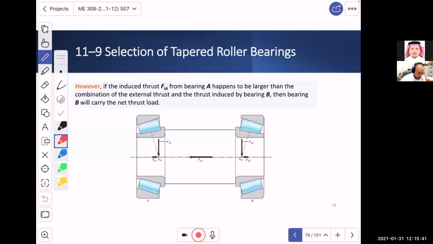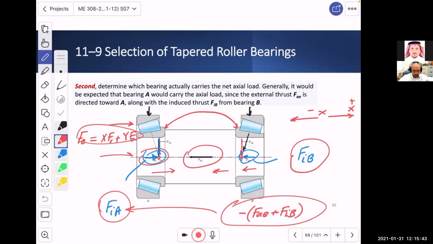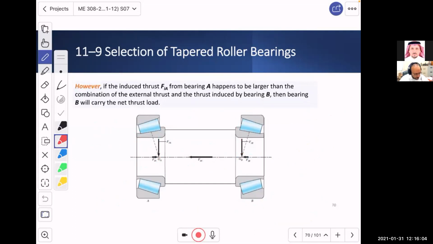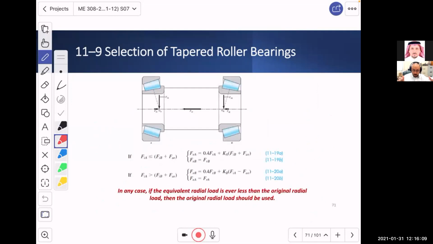Now, you will see how weird it is, but being weird doesn't mean it is difficult. I just want to remind you, because you might think about it later and feel confused. How is a tapered roller bearing, which should be subjected to both radial and thrust, having only radial? It's because the other one is taking the thrust. You get that? So that's exactly what we are going to do.